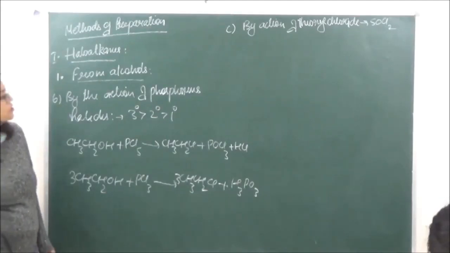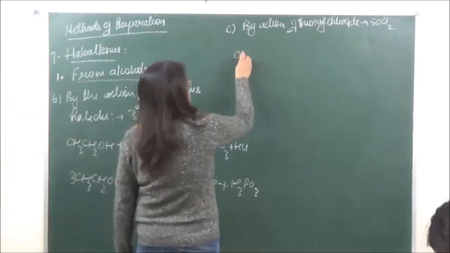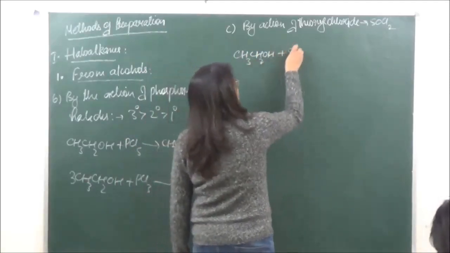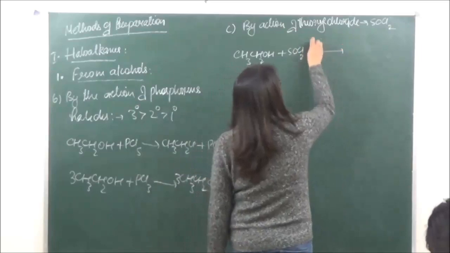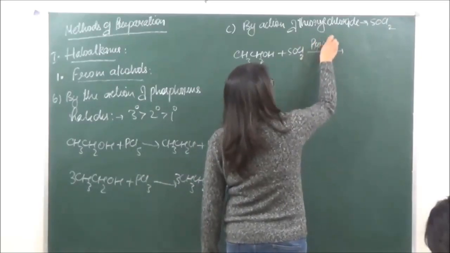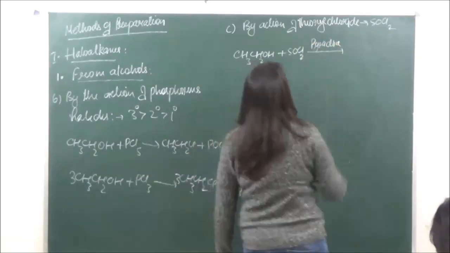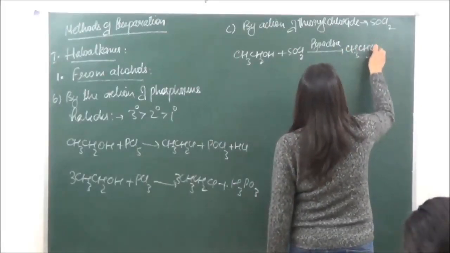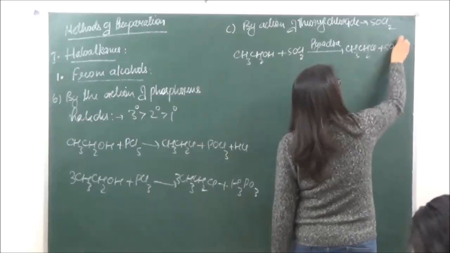Right? Now this reaction generally takes place in presence of pyridine. So we are taking CH3CH2OH plus SOCl2 in presence of pyridine. We are going to get CH3CH2Cl plus SO2 plus HCl.